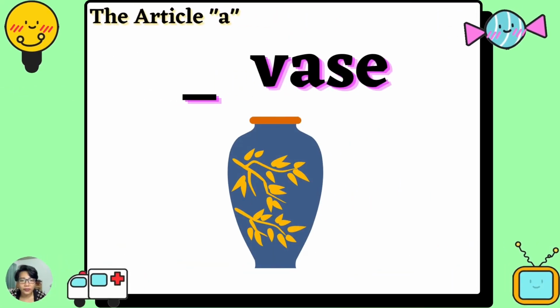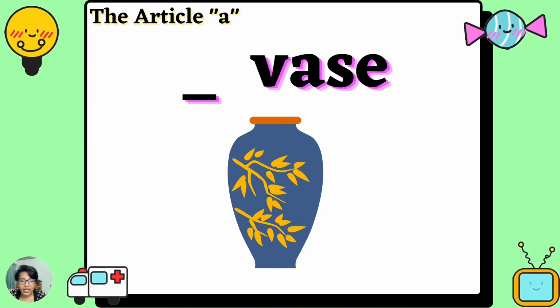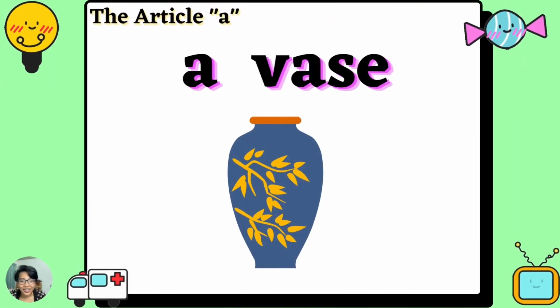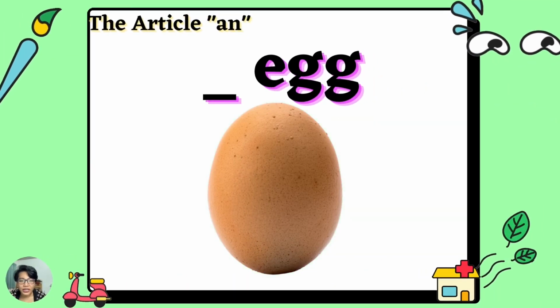Next word, vase. Will you use a or an? Let's check the answer together. A vase. Yes, very good. Let's move on to the next word.